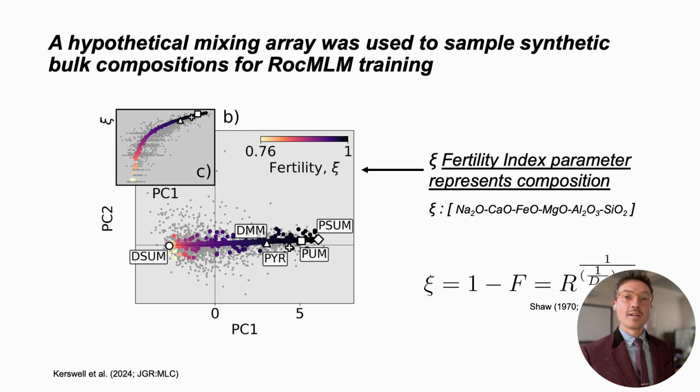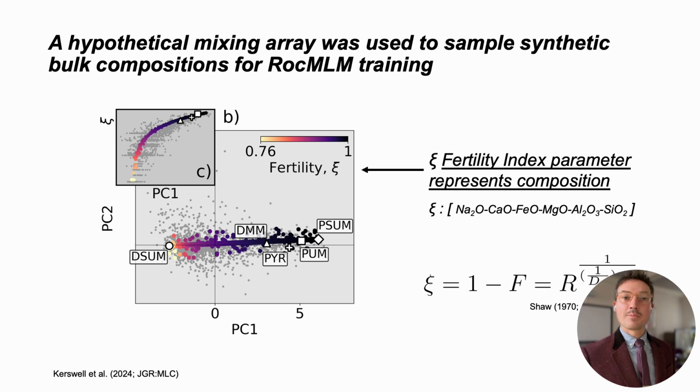So how do we define the range of mantle compositions in our training data set? We turn to the natural rock record. This figure shows 311 geochemical analyses of natural peridotite samples in gray. And the colored data points represent hypothetical bulk mantle compositions that we sample between 2 hypothetical mantle end members, D sum and P sum.